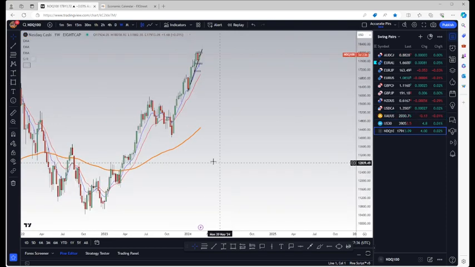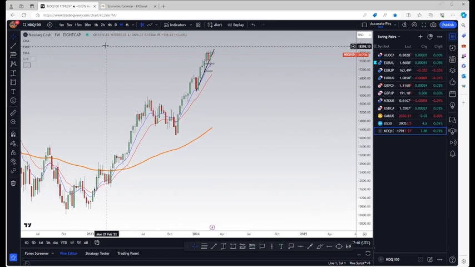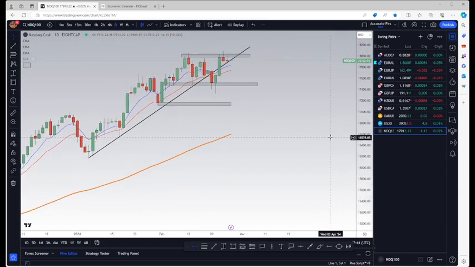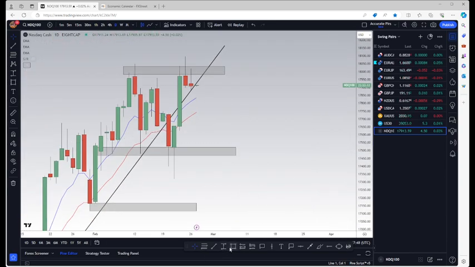Cool. So let's go back to Nasdaq. Are we going to get a nice bullish move? Ooh, this is similar to US 30. We actually might get a big move to the downside on Nasdaq and US 30.